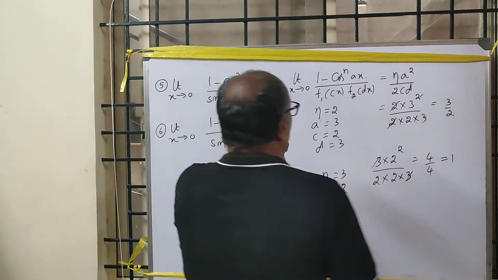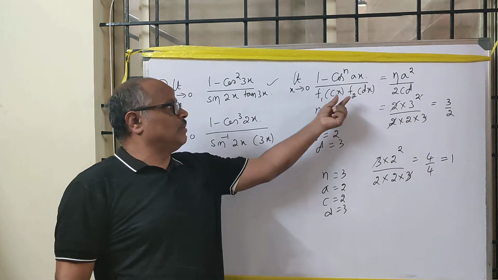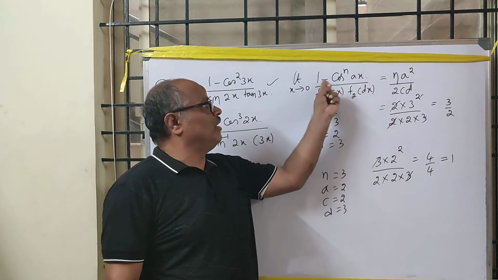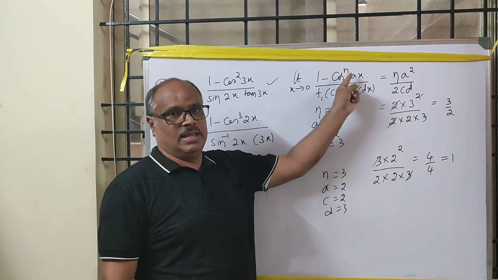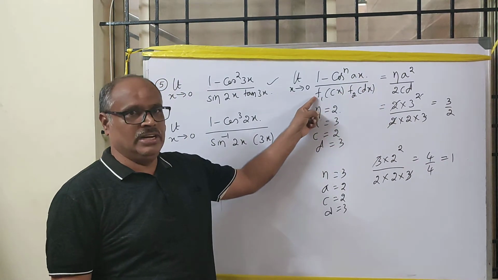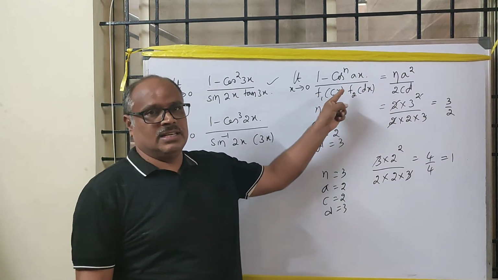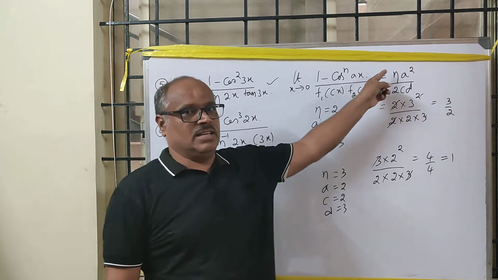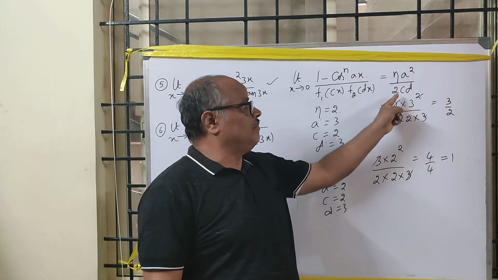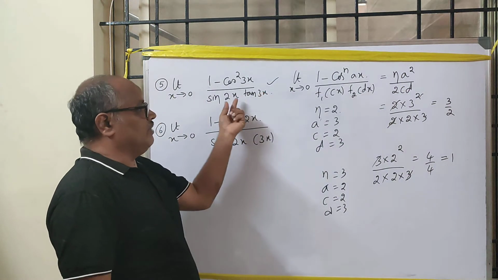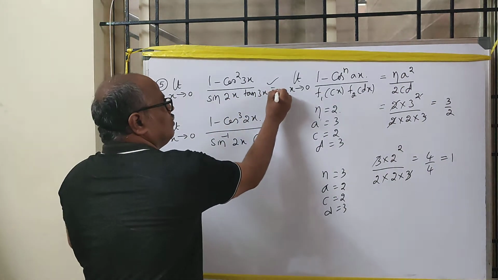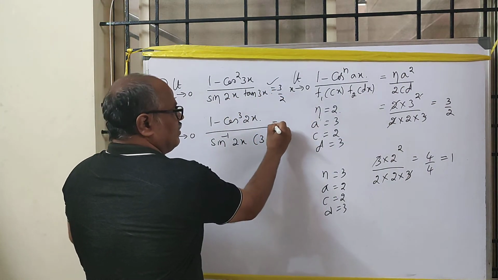You have to notice that the given problems are in the form of limit x tends to 0, 1 minus cos to the power of n ax divided by f1 cx, f2 dx, and the shortcut is n a square divided by 2 into cd. So according to that, the first question answer is 3 by 2 and the second question answer is 1.